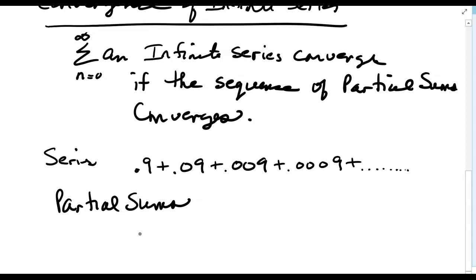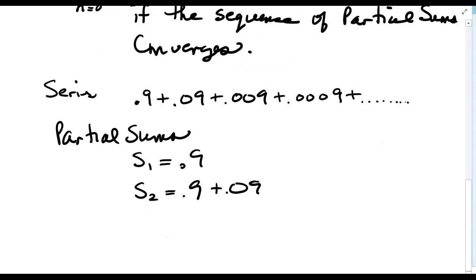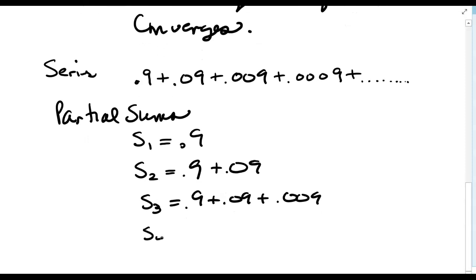If I let s sub n be the first n terms, s sub 1 is just 0.9, the first term. S sub 2 is 0.9 plus 0.09. S sub 3, okay, you get the idea.